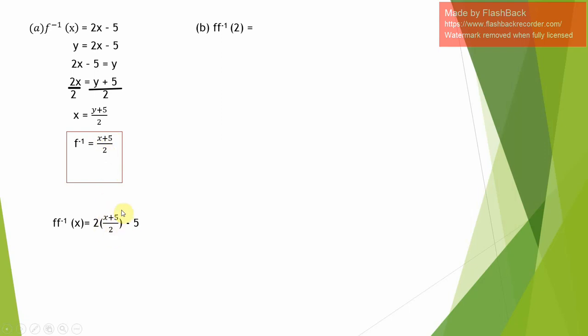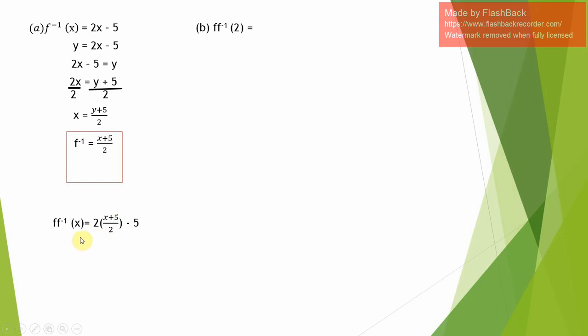And this is what I've done. Here, we were supposed to have an x, but what I've put here is f inverse of x, because I want to combine the two functions, f and f inverse. After that, 2 into 2 is 1, which means we only remain with x plus 5, then minus 5. Here please take note, don't forget the brackets.